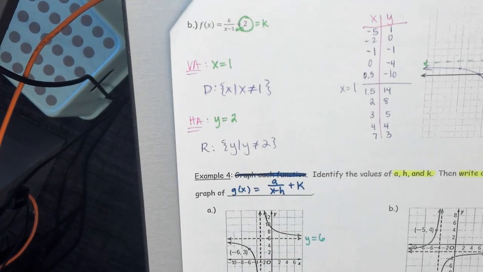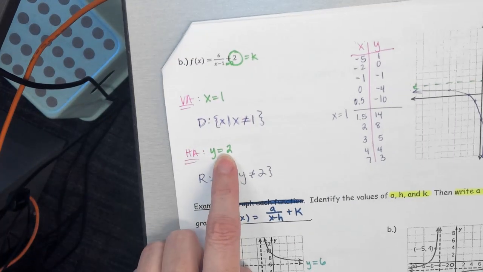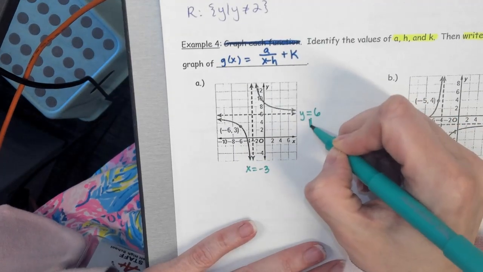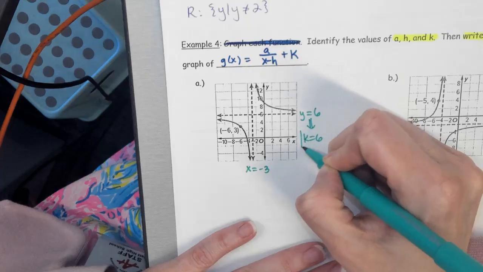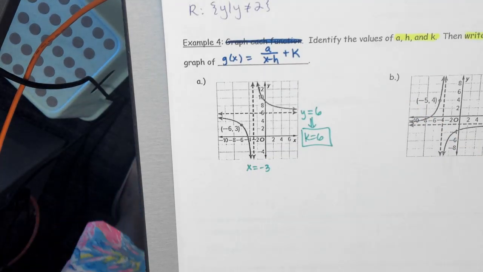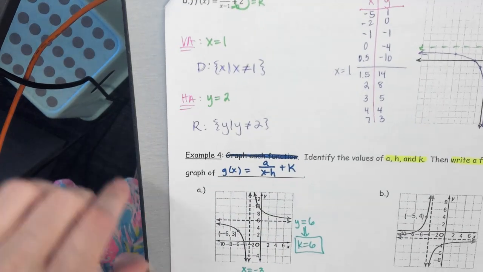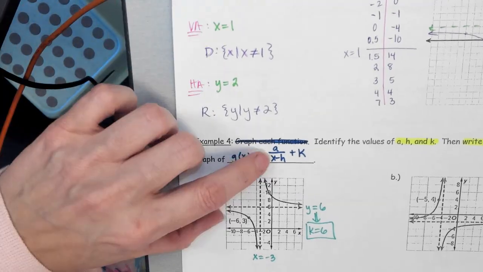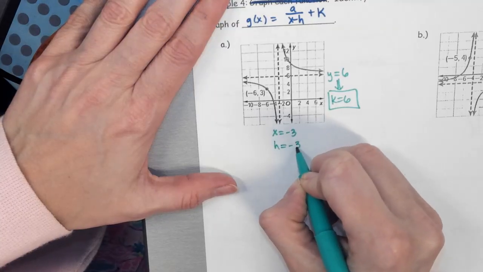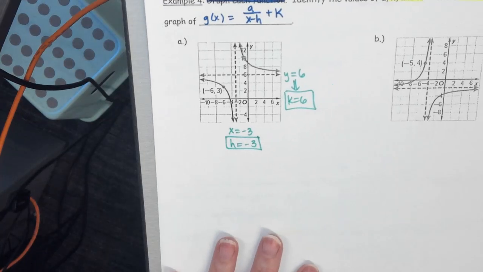Okay, so if we look back up here, remember, our k value was equal to our y. So if y is 6, that means the value of k is 6. Okay, here we had x was equal to -3. Your h value is a minus the h, and whatever you get here is going to be your h value. When you plug it in, it's going to look like the opposite.